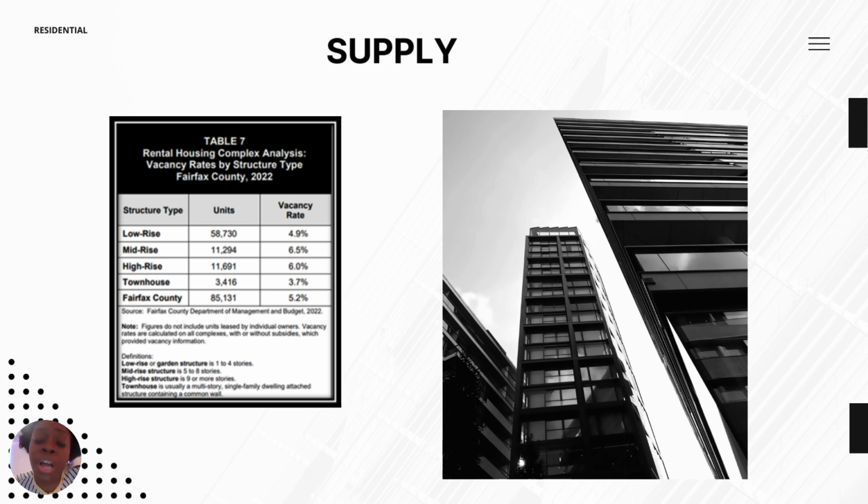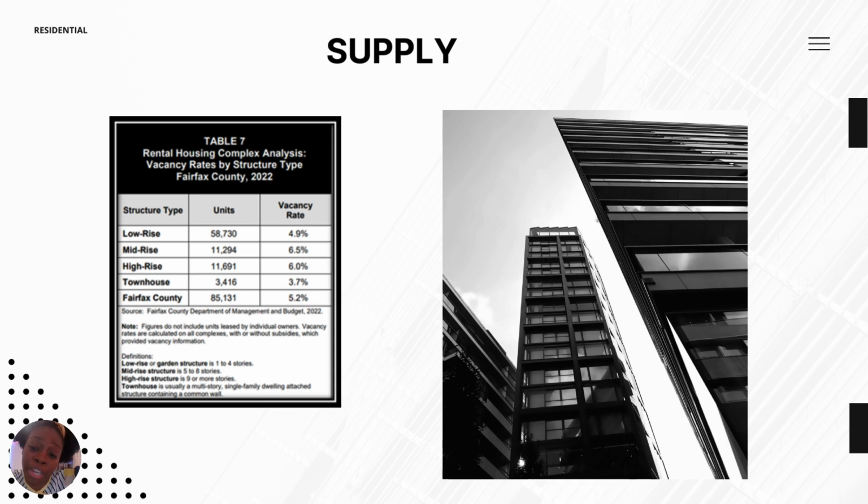I also took a deep dive into the absorption rates, and this information came from brokerage firms like Cushman and Wakefield. For example, the absorption rate in 2023 showed 99,000 apartments were completed, a 29% increase from Q2 of 2023.